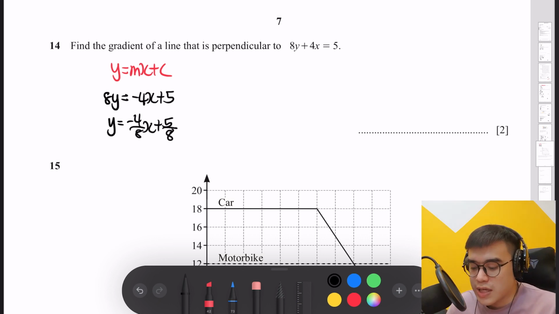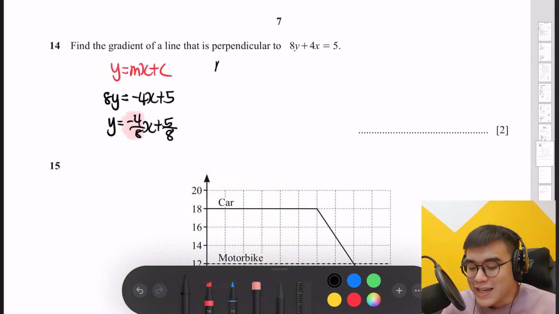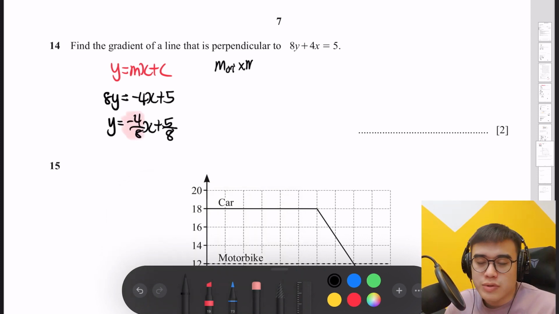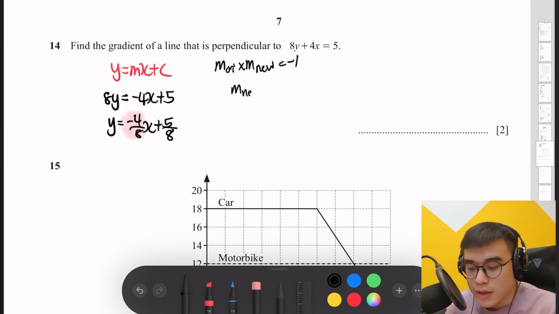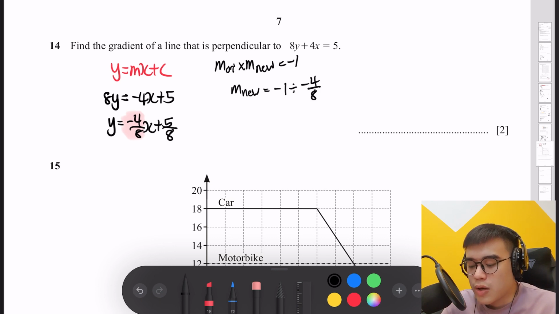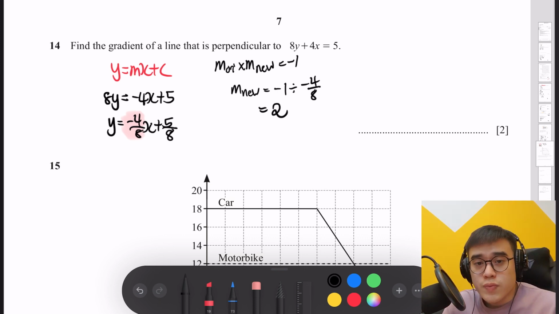So this is the gradient. By taking m original times m new equals -1, you will get m new equals -1 divided by -4/8. So this will give your final result of 2.